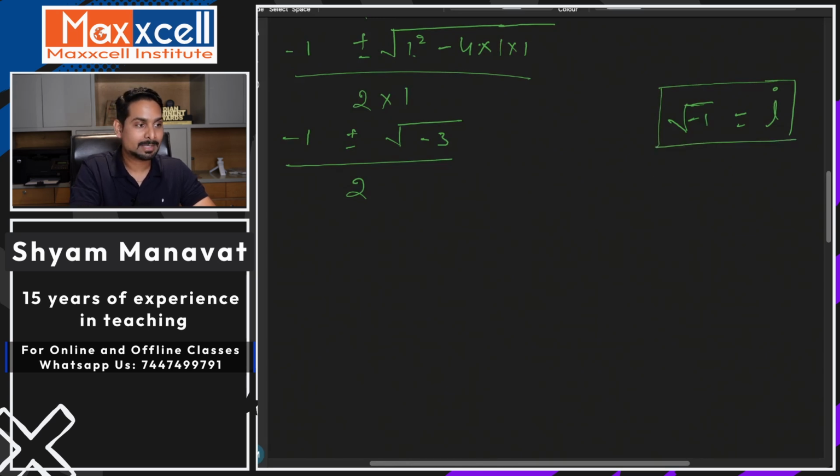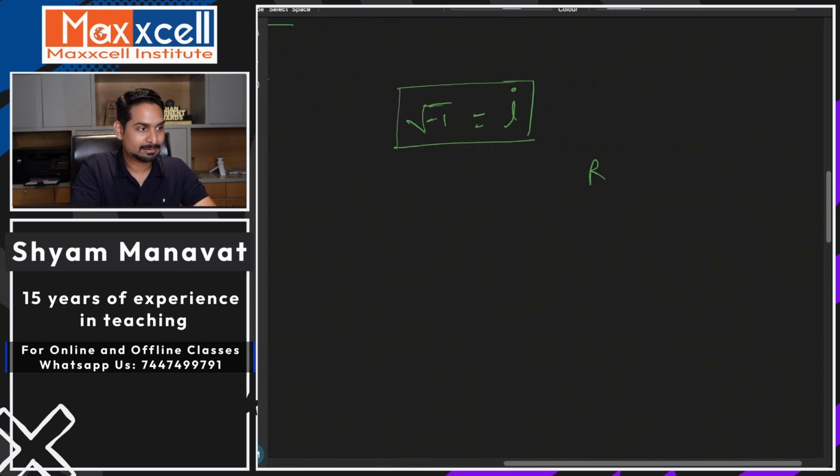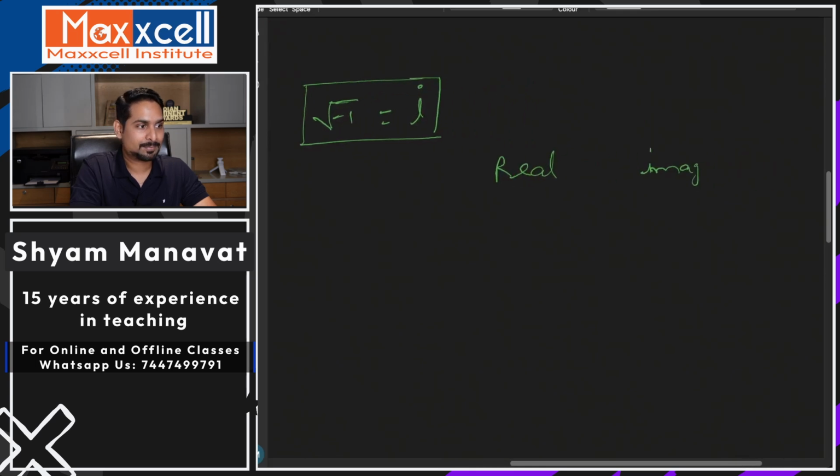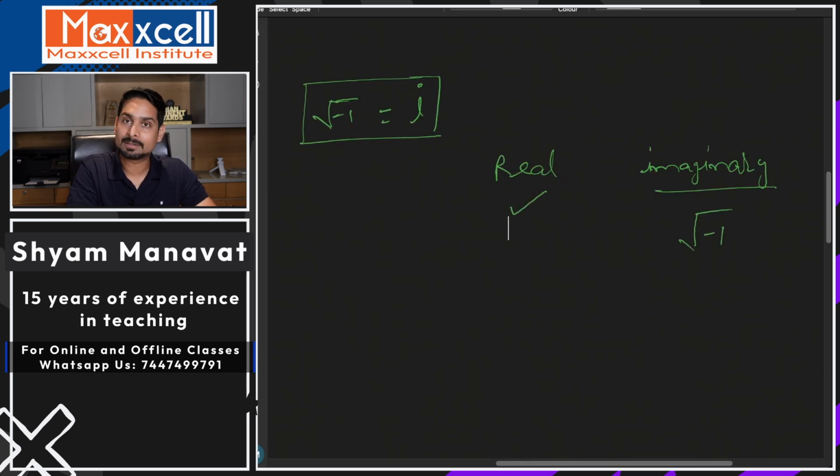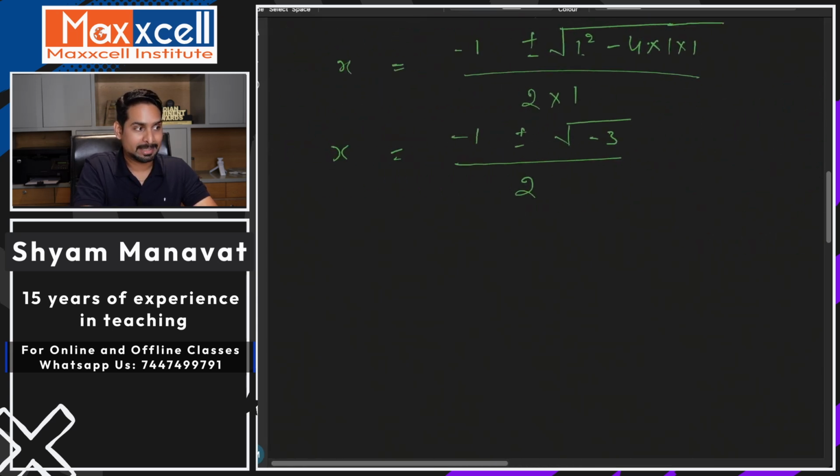I hope you know real numbers and imaginary numbers. Imaginary numbers are square roots of negative numbers. All other numbers, decimal, fraction, mixed fraction, recurring decimal, negative, positive, zero, infinite also, everything comes under real numbers. Only the square root of a negative is imaginary. So here you got square root of minus 3.